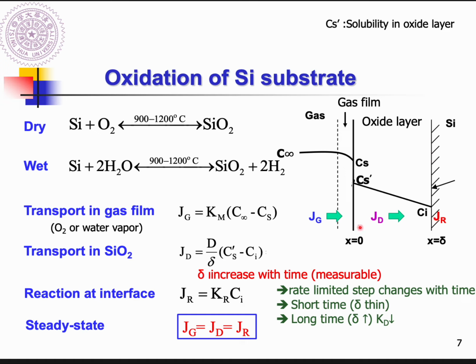But after a long reaction time, the thickness of the oxide layer will get thicker and thicker, so the oxygen will spend more time transporting through this oxide layer and reacting with silicon atoms. In this case, the rate-limiting step will probably become the diffusion process, right?